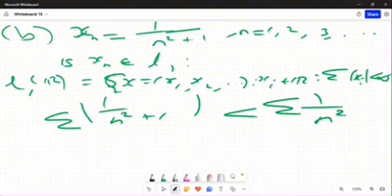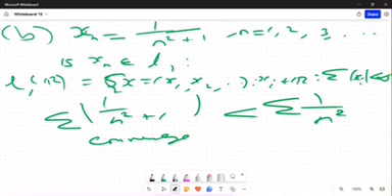Is this series convergent, from your real analysis knowledge? Yes, we've seen this is convergent, in other words, convergent by the P series test.